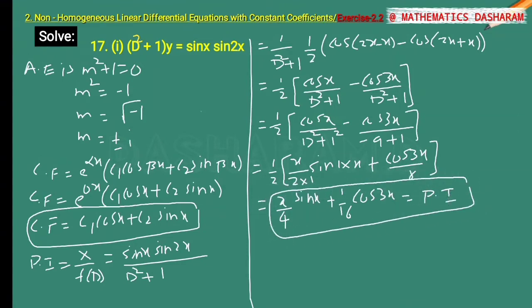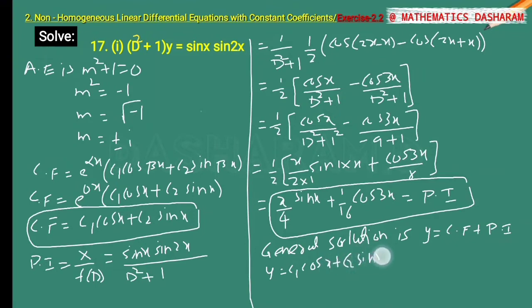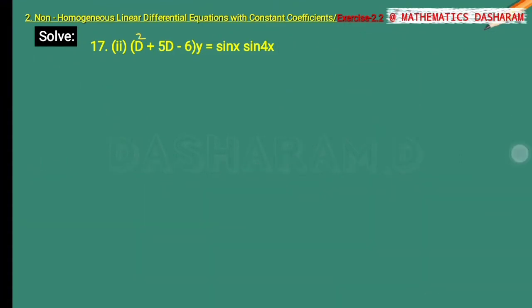Now the general solution is complementary function plus particular integral. The complementary function is c1 cos x + c2 sin x, and the particular integral is x/4 sin x + 1/16 cos 3x. This is our required answer.